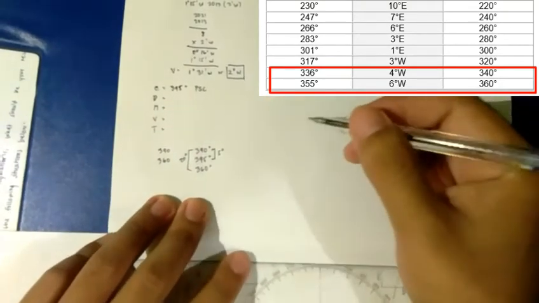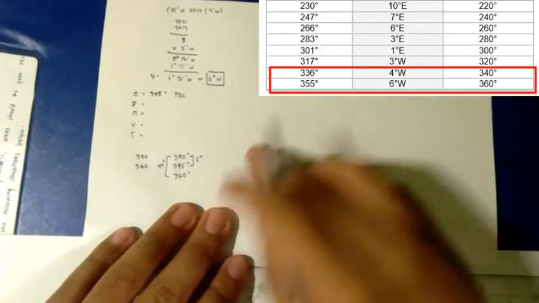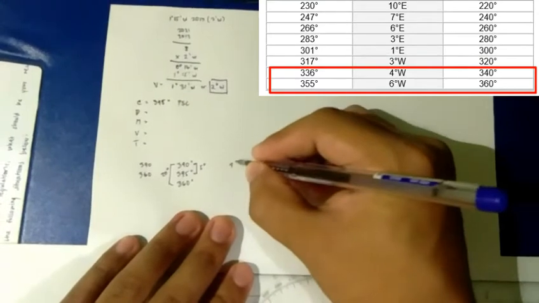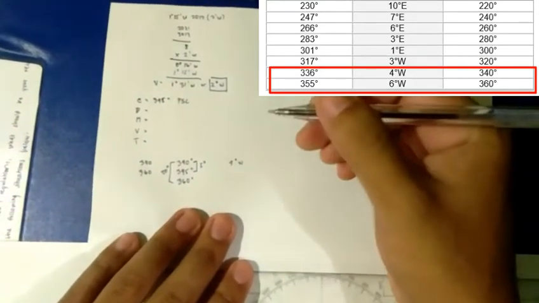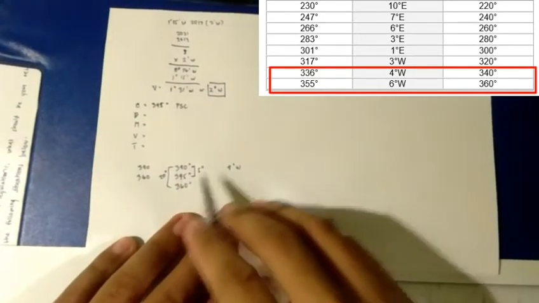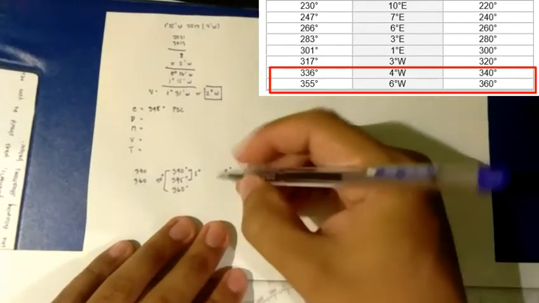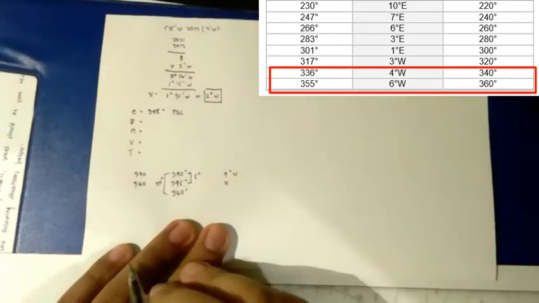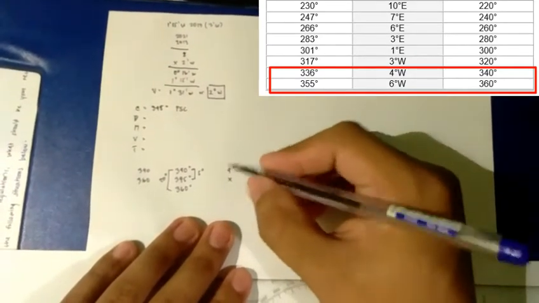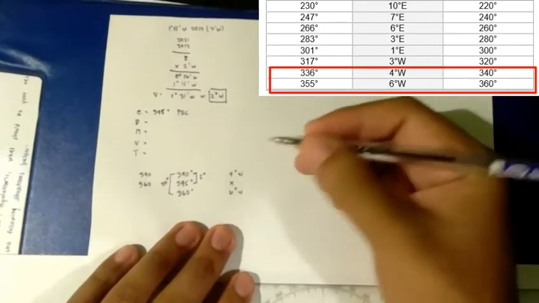Next, since the 340 has the deviation of 4 degrees west, and in the deviation table we cannot find the 345, because it has no deviation, we will put X here, and then 360, which has the deviation of 6 degrees west.